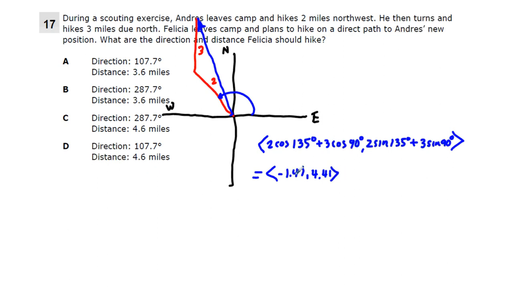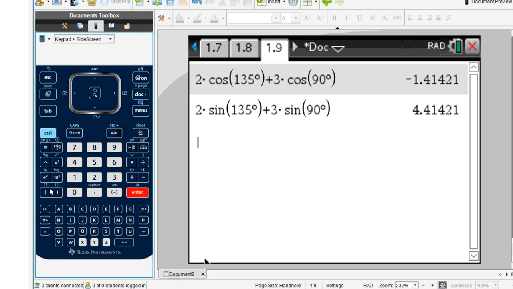And that's going to simplify to greater than 4.6. Our magnitude is going to be equal to the square root of negative 1.41 squared plus 4.41 squared. We can find out what that is.